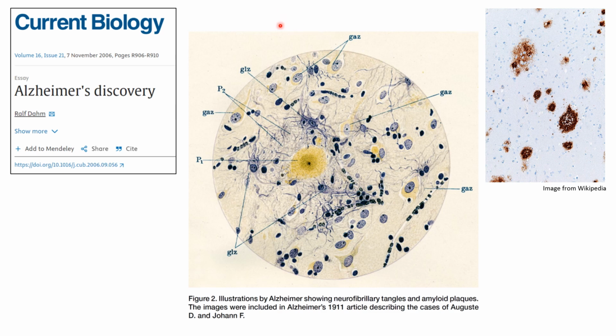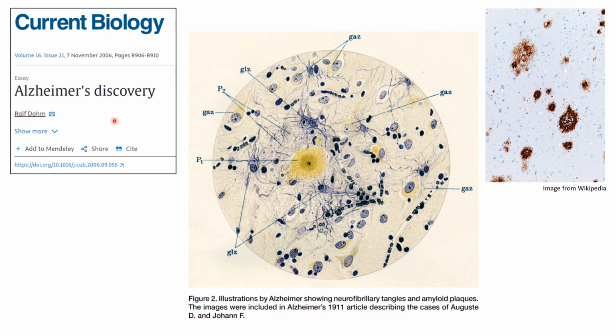Now, the amyloid plaques were first defined by Alois Alzheimer a bit over 100 years ago now. The history of this is actually discussed in this essay here from 2006 in Current Biology by Ralph Dahm.